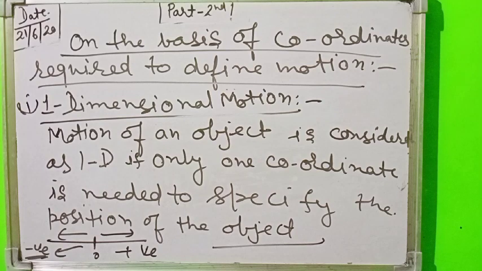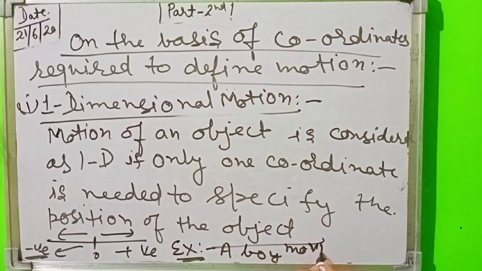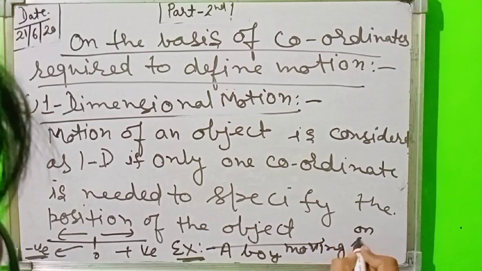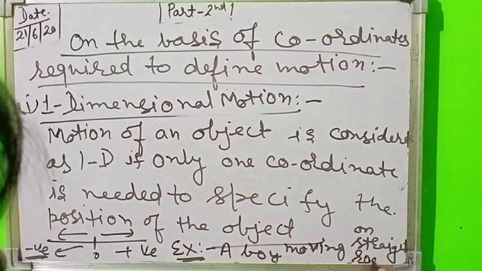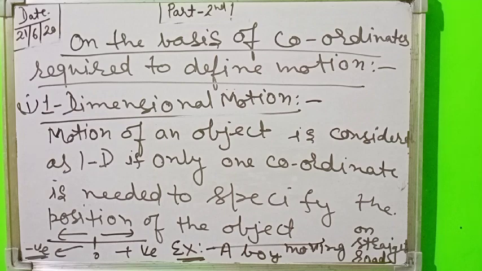A simple example: a boy moving on a straight road, a cycle moving on a straight road, or a rocket moving upward along any axis, where no other coordinate is changing. Such examples are one-dimensional motion.